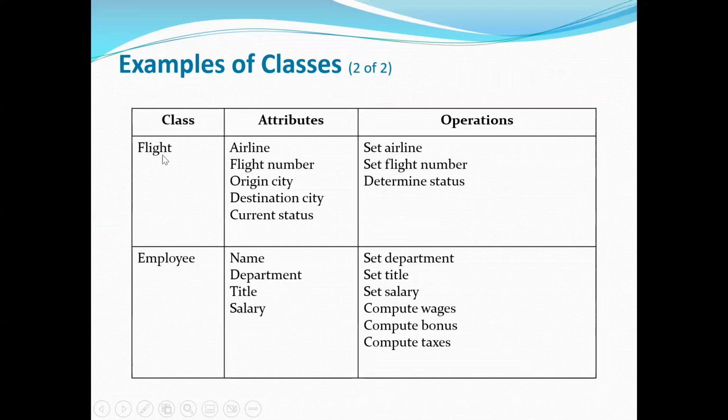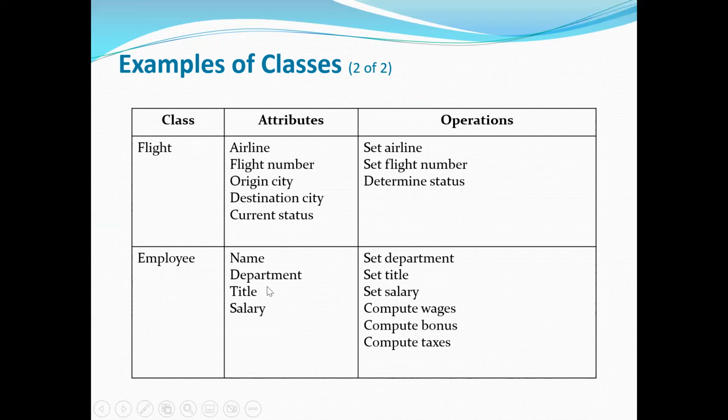Another example is a class named Flight. The attributes can be the airline, the flight number, the origin city, the destination city, and the current status. The operations are that we can set the airline, set the flight number, and also determine the status of the flight. Another example is the Employee class.